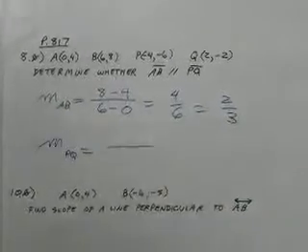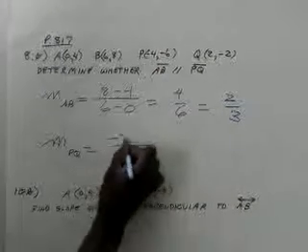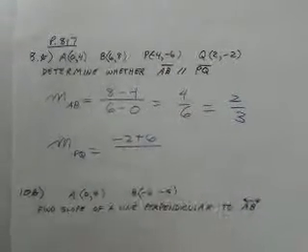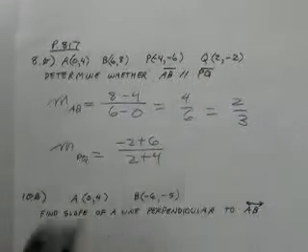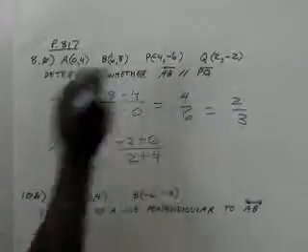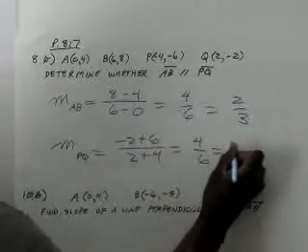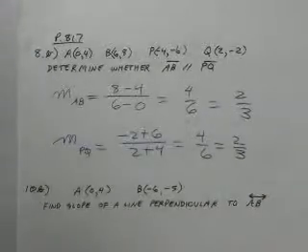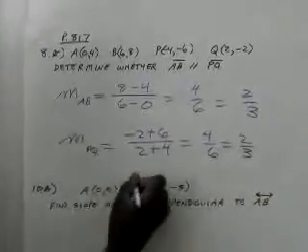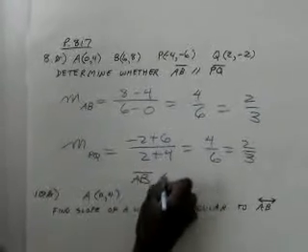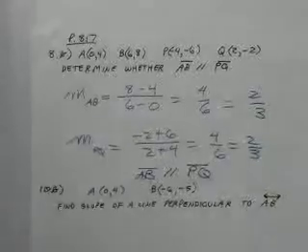Again, subtract the y coordinates on top, -2 plus 6, and on the bottom, 2 plus 4. It's always minus, but minus a negative. And that's 4 over 6, and that's 2/3. Now you notice that we got the same slope, therefore AB is parallel to PQ. Same slopes means they're parallel.